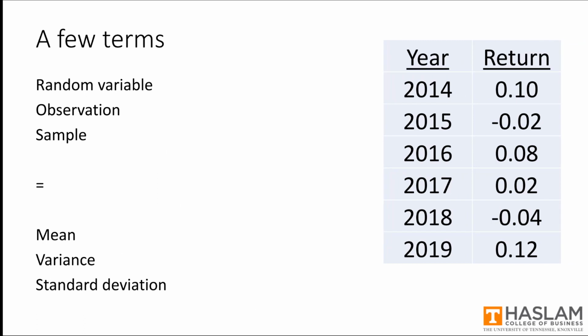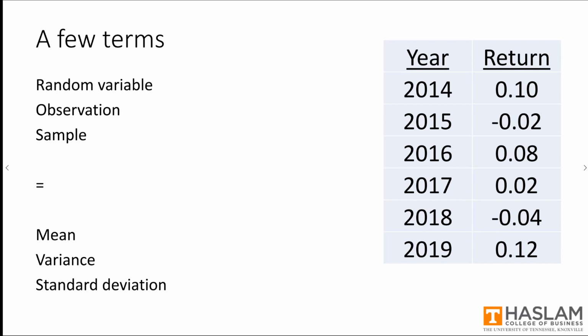Here's the first slide from our previous video where we talked about the terms random variable, observation, and sample. Recall that we talked about each one of these in the context of a single random variable, and that random variable was the stock return.